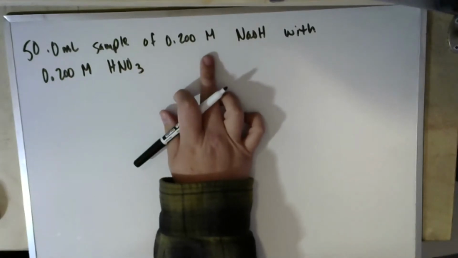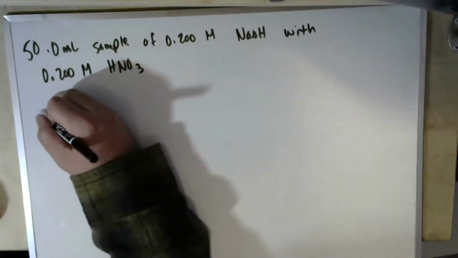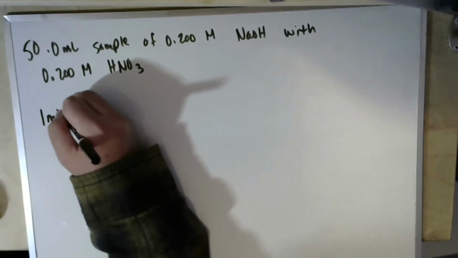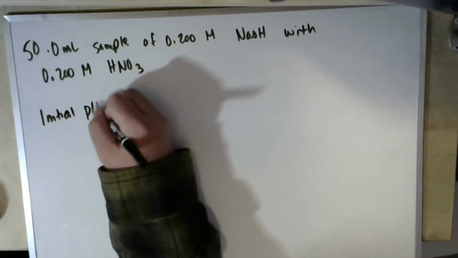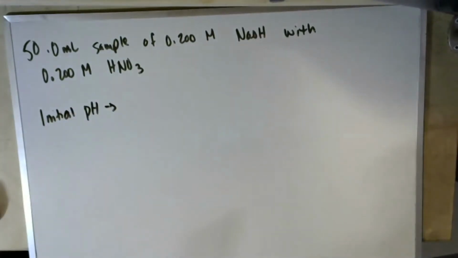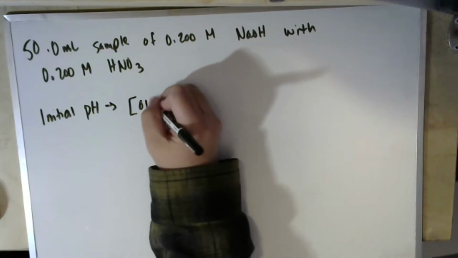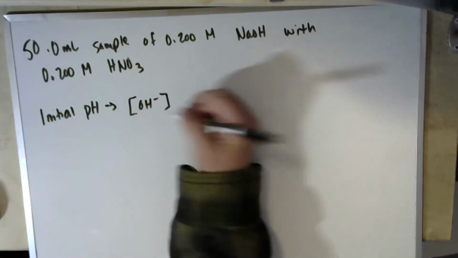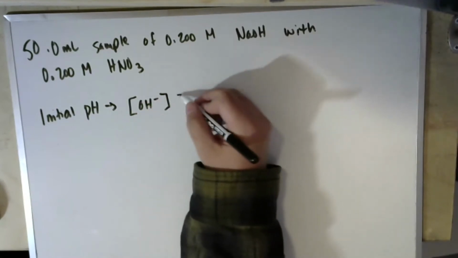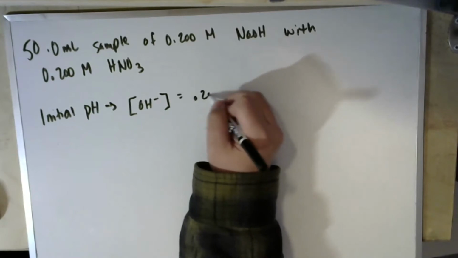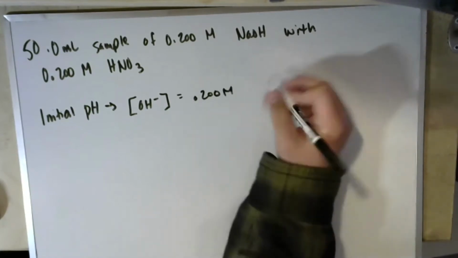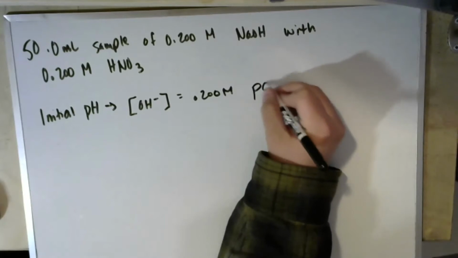So we have a 50 milliliter sample of the sodium hydroxide that we're starting with. So if we wanted to calculate the initial pH here, we're going to be looking at the concentration of the hydroxide ions to help us do that, right? So we know that the concentration of the OH minus is going to be 0.200. And we know we can calculate the pOH from that.